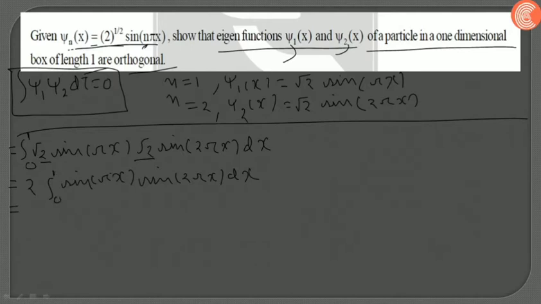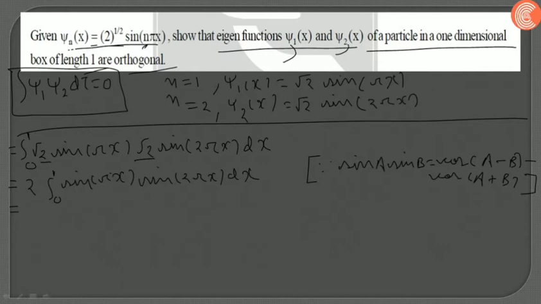The limit is 0 to 1. To solve further, we need the trigonometric formula for sine A and sine B, which is: sine A sine B equals cos of A minus B, minus cos of A plus B, with a factor of a half accounted for in the setup.